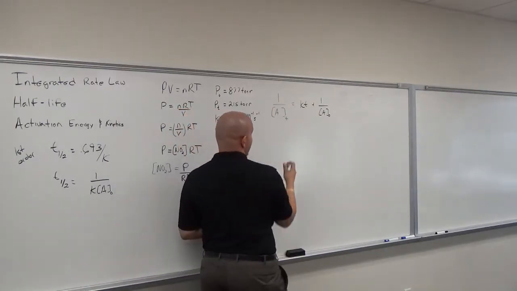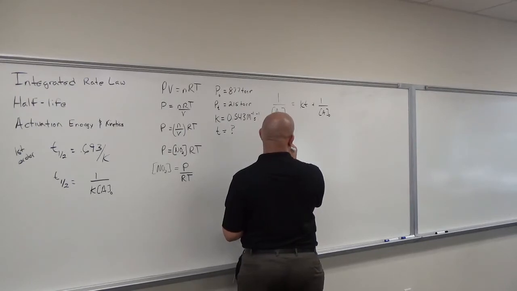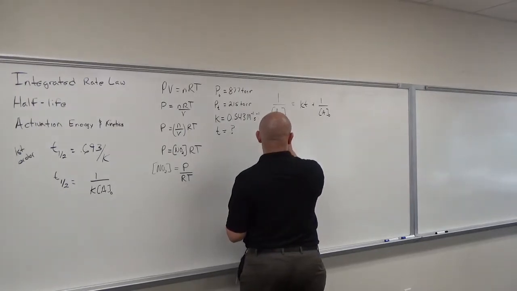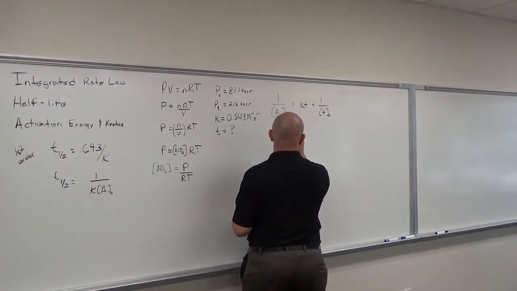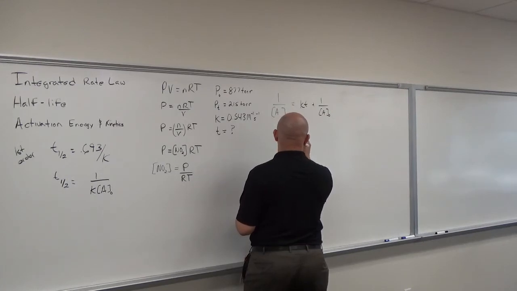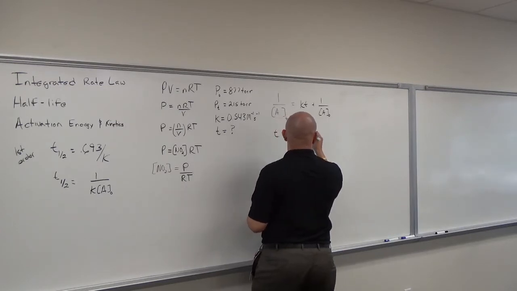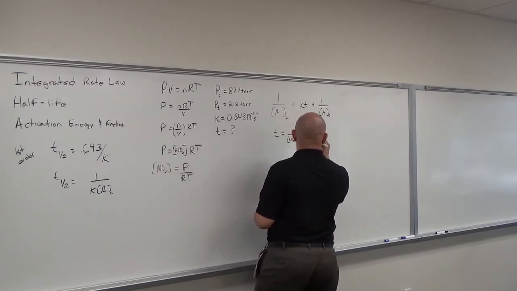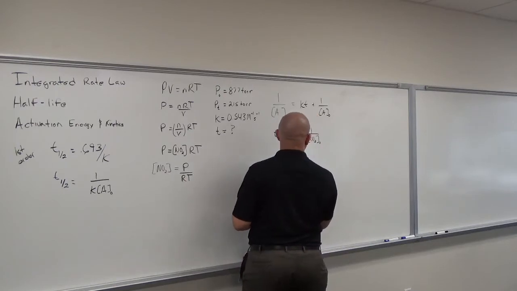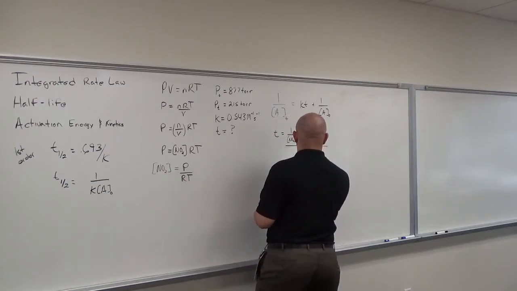So I'm going to solve this for T. To solve this for T, you end up getting T is equal to 1 over the concentration of A at time T, and I'm going to use NO2 just to be consistent, minus 1 over NO2 at the start, all over K.